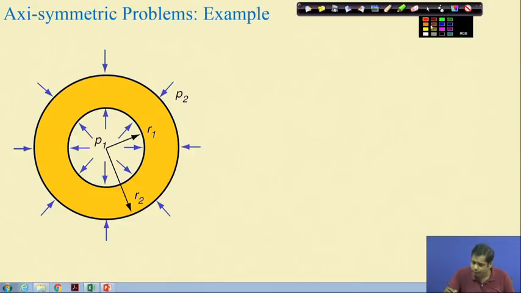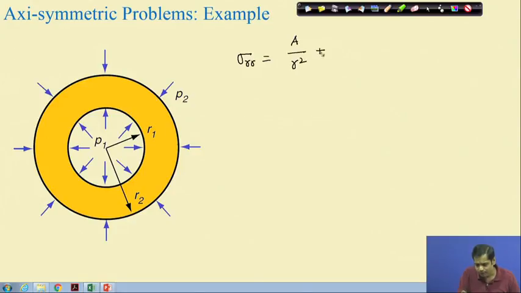So if I remove the logarithm term, we have sigma RR is equal to A by R square plus B, where A was actually A1 and B was 2A2, and the corresponding sigma theta theta is minus A by R square plus B. This is the expression for sigma RR and sigma theta theta.